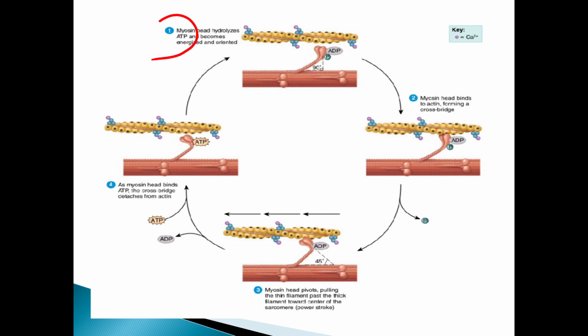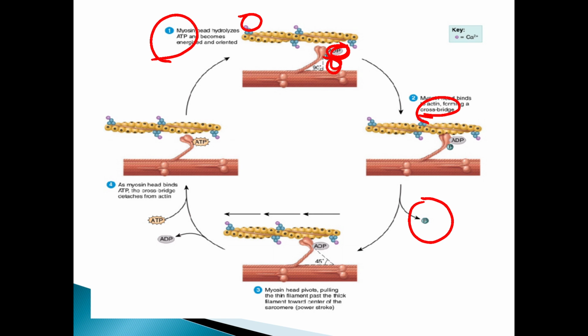So first we have seen that ATP is hydrolyzed into ADP and a phosphate group. The calcium is bound to troponin, which changes the tropomyosin, making the myosin binding site free. So the next step is the myosin head binds to actin, forming cross bridges, and phosphate is released.